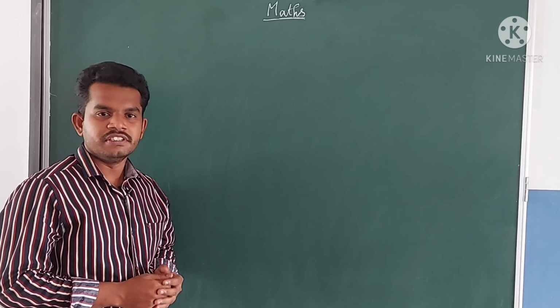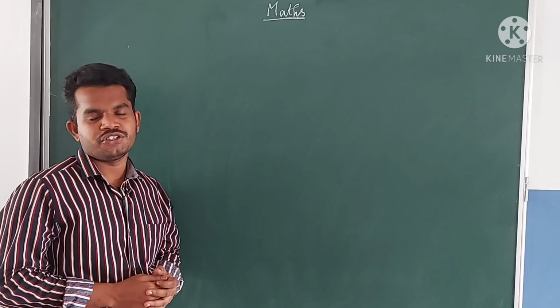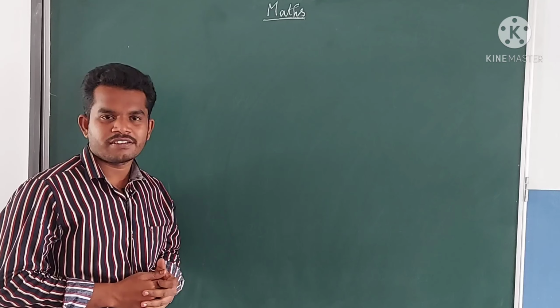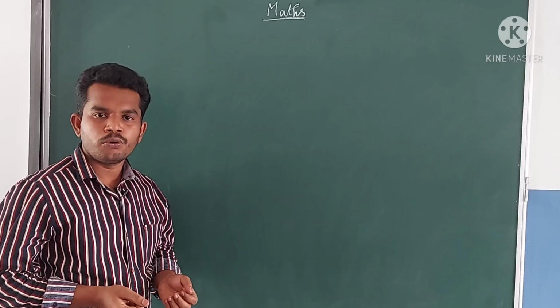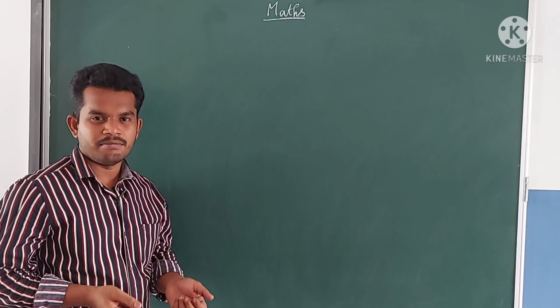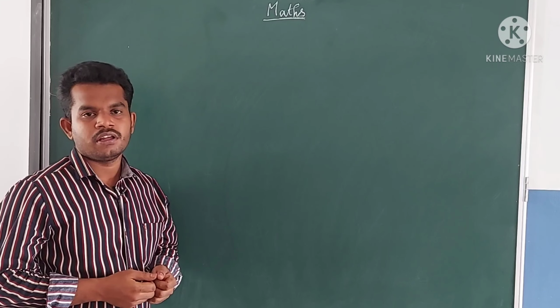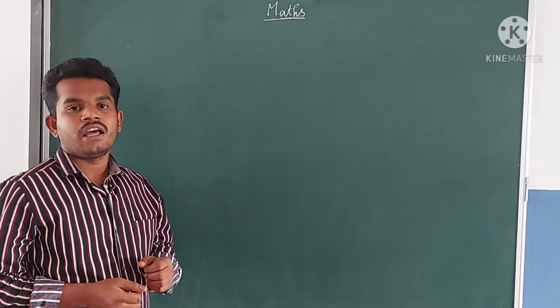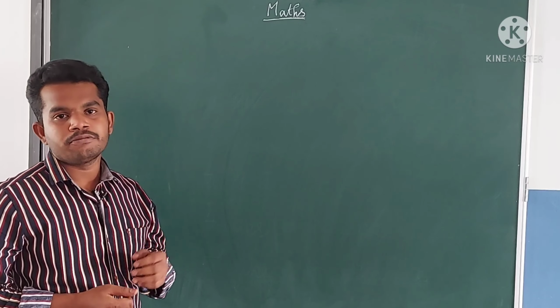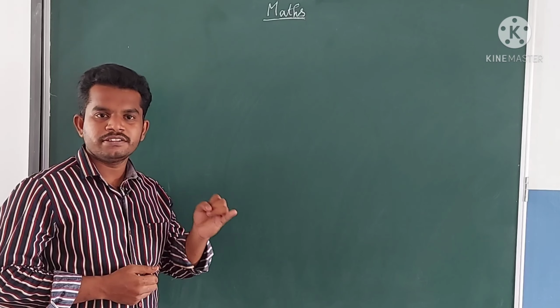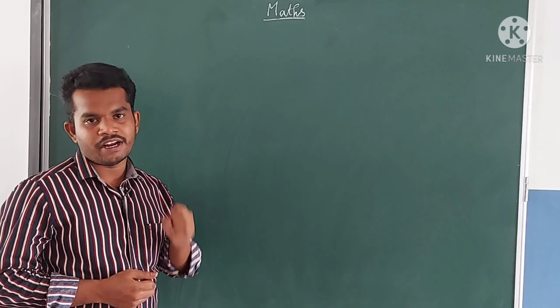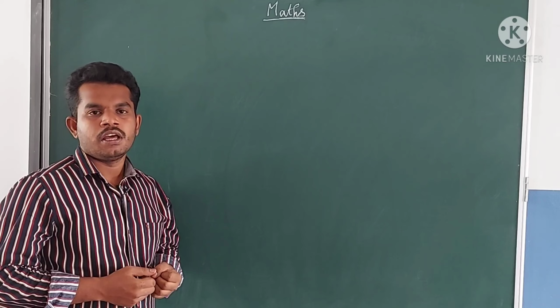Last class we discussed factorization. What is factorization? A product of two or more factors, numbers, expressions. Last class we saw four types of factorization. One is common factor from each term.